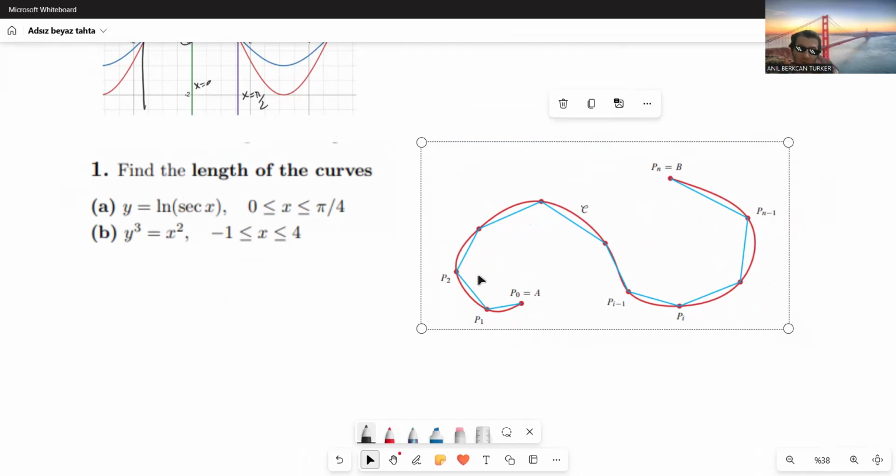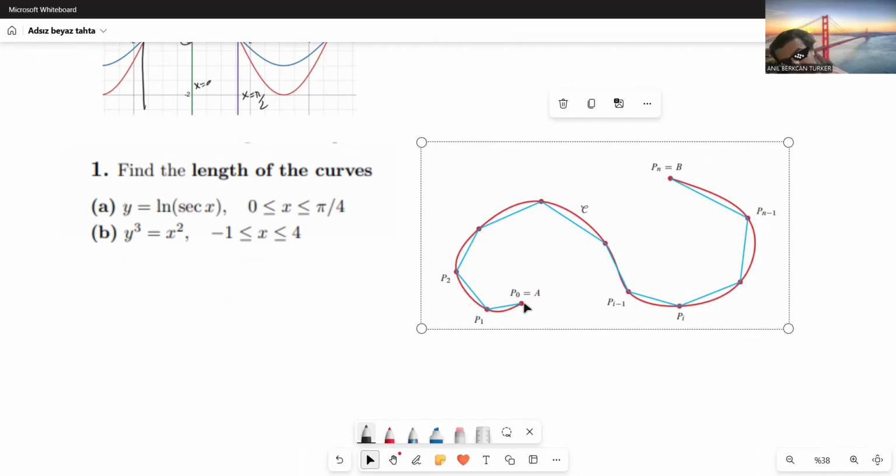If you take the summation of these line segments, you end up with a number. This number can be bigger or smaller than the actual length. Or is it correct? No, it is always less than the actual length, because at each step you are taking the geodesic between two points, and the actual curve is at least that geodesic or longer. So you always get less than the actual length of the curve.